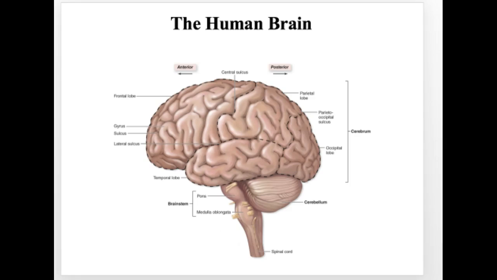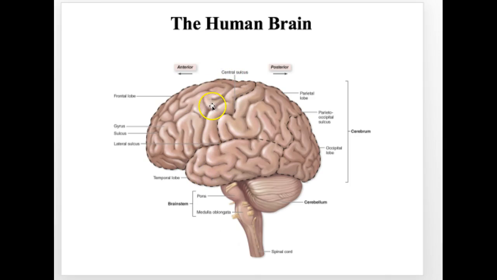As you can see, the outer surface of the cerebrum here is folded, and these folds are significant in the function of the brain. So these outer, larger folds are known collectively as the gyri or singular gyrus, whereas the inner folds are known as sulci or a singular sulcus.